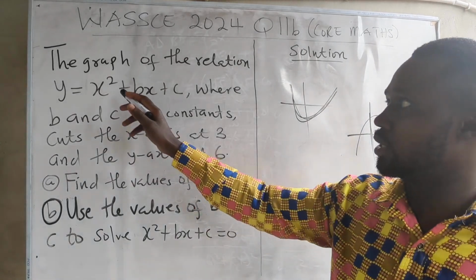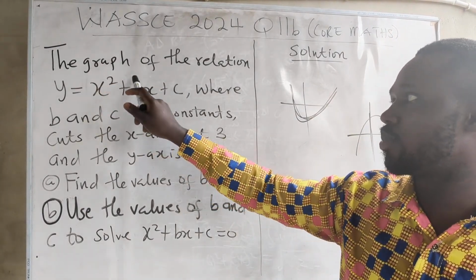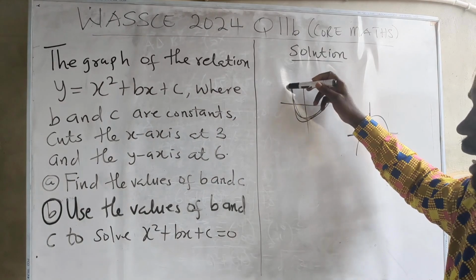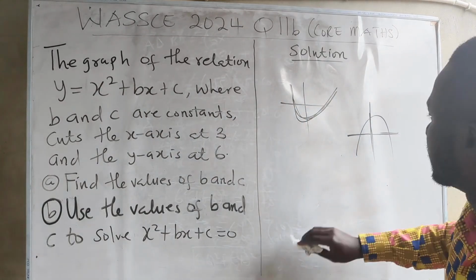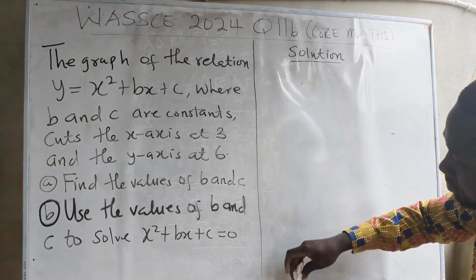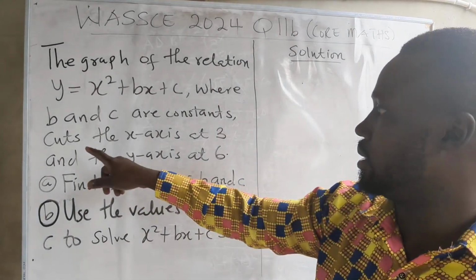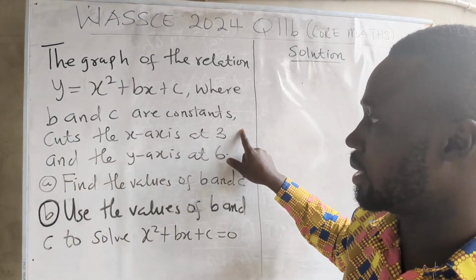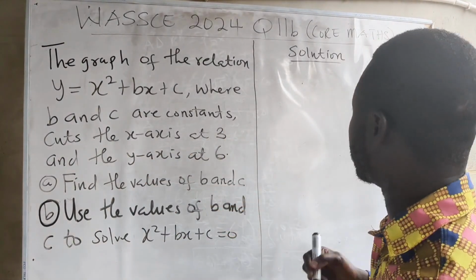So when you look at the question, y is equal to s squared plus bs plus c, it means that our curve is going to be minimum like this. Alright, so let's see what is going to happen. He's saying that the curve cuts the s axis at 3 and the y axis at 6.